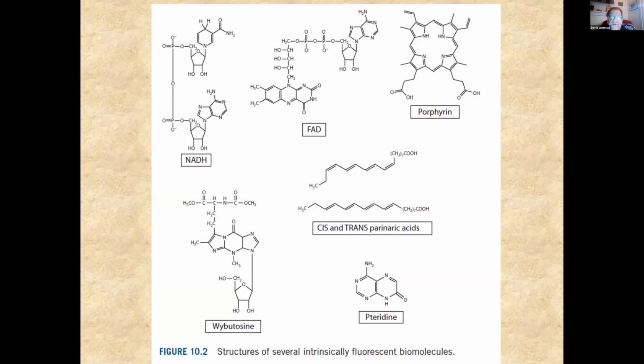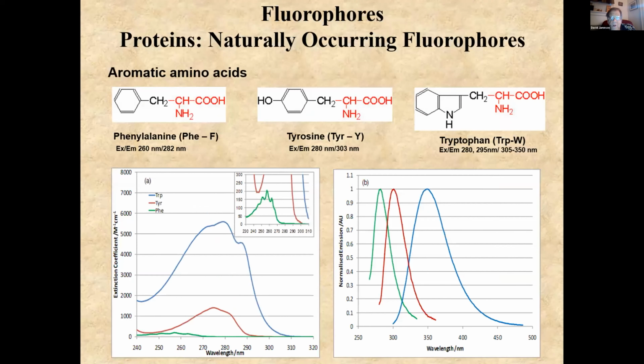Here's an example of some intrinsic ones. NADH and FAD, you'll hear about in the course a lot. Porphyrins, you'll hear some. There's other fluorescent molecules that can give rise to autofluorescence in the cell, for example. Also in proteins, it's very important, some amino acids are fluorescent: tryptophan, tyrosine, phenylalanine.